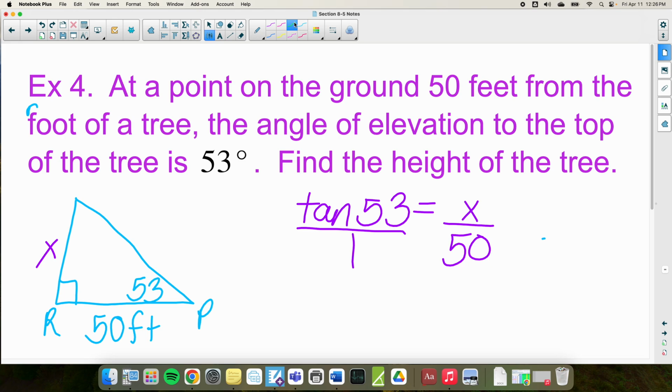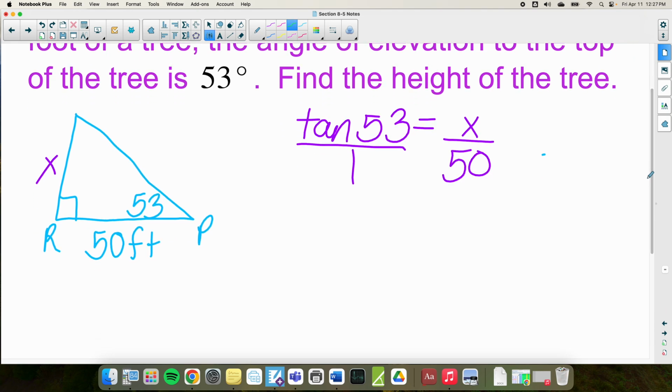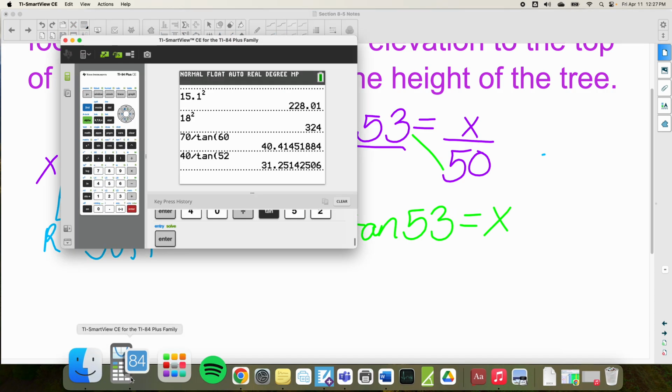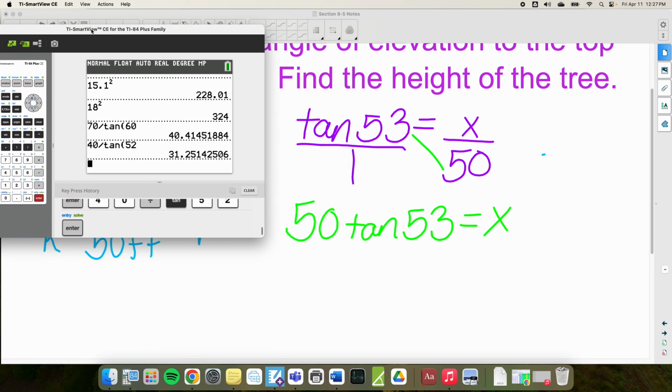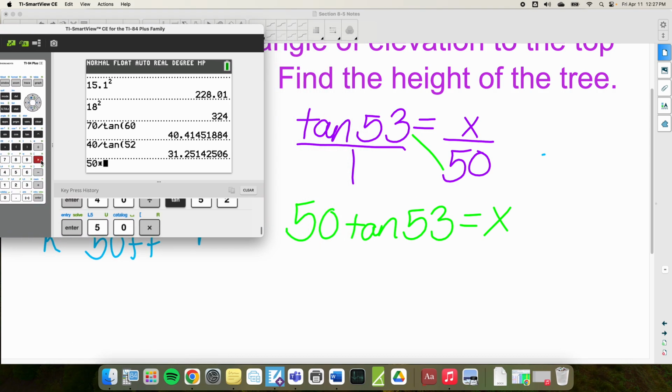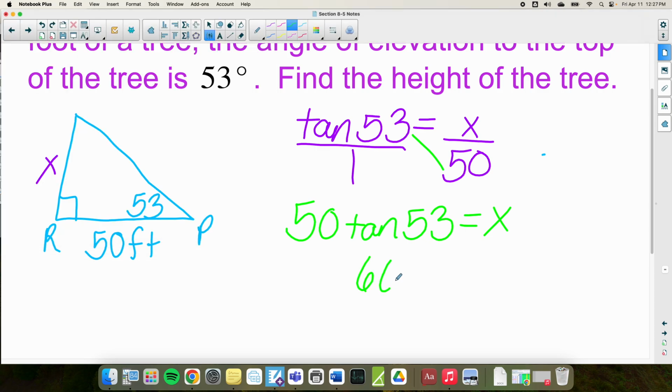We know that angle, that's why we do cross products. Now, do you guys remember when I taught this? If you have a whole number and a trig function, don't I put the whole number in front? Yes. So this is 50 tan of 53 equals x, and then I would do 50 times tangent 53, and that is 66.35.